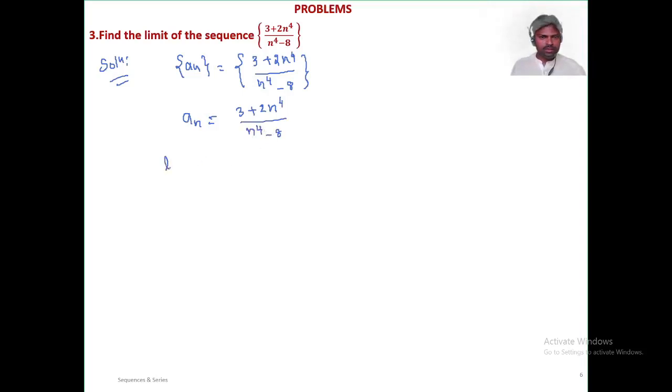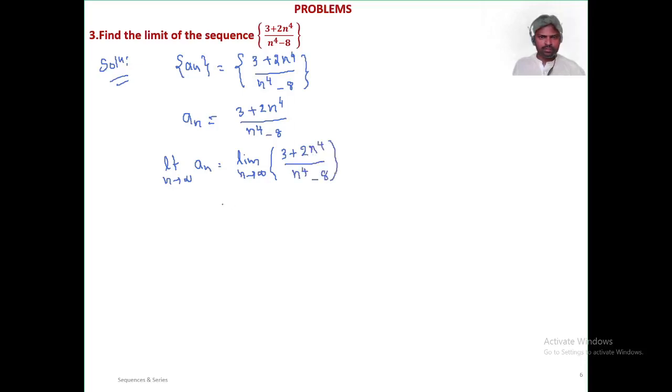Then apply the limit: limit n tends to infinity of an, which is limit n tends to infinity of 3 plus 2 n raised 4 upon n raised 4 minus 8.